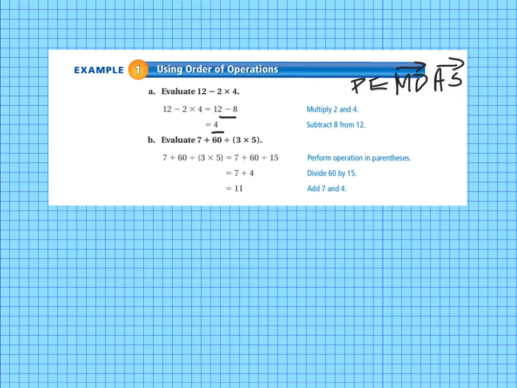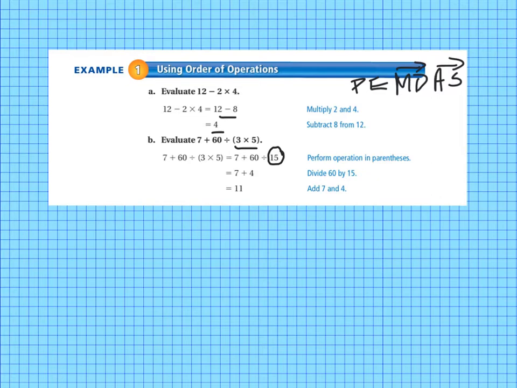Letter B gets a little bit trickier. We do have parentheses, and inside the parentheses is a 3 times 5. So 3 times 5 equals 15. So that's where we have our 15 here. So our new problem is 7 plus 60 divided by 15.